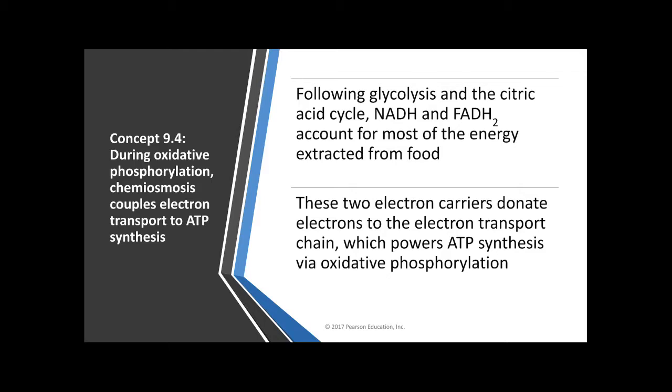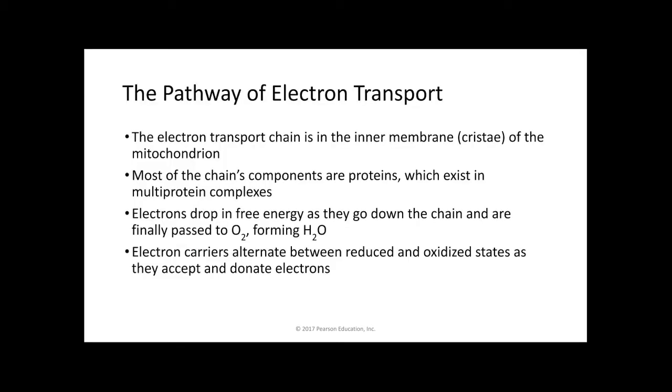Each acetyl-CoA goes into the Krebs cycle, where electrons are released and attached to the electron carriers, FADH2 and NADH, which then take those electrons into oxidative phosphorylation. So these electron carriers, NADH and FADH2, are really connecting glycolysis and the Krebs cycle with oxidative phosphorylation. And oxidative phosphorylation is going to use the energy from the electron transport in order to make ATP.